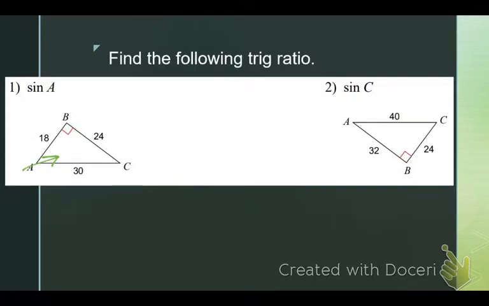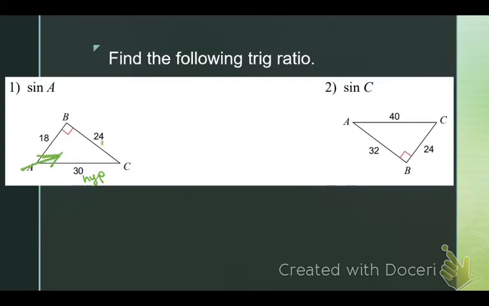So Nate, which one is the hypotenuse? It is what? I didn't hear your answer. 30. So then what is the opposite, Nate? Opposite of angle A. Oh, my bad.